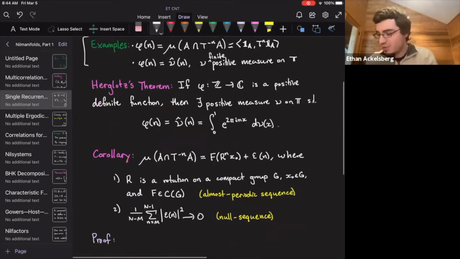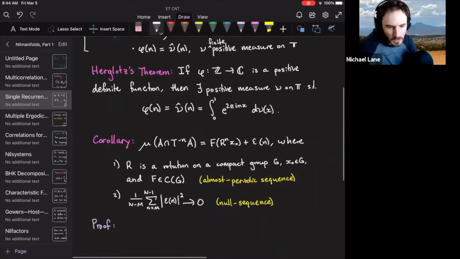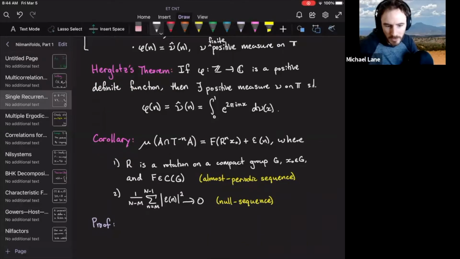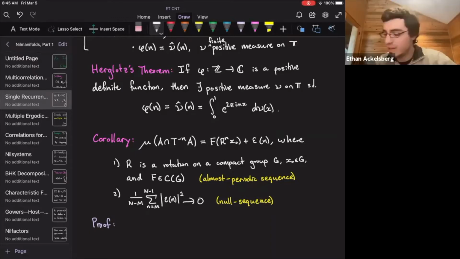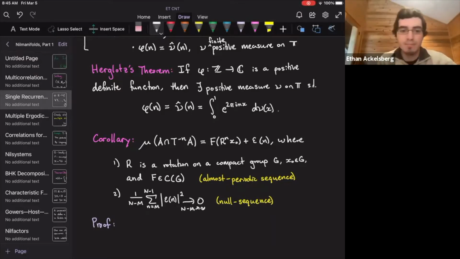Okay, and what's the proof? I'll just sketch it out. I have a question about the null sequence. Is it going to 0 along all Følner sequences or just along some Følner sequence? All. Okay. So yes, this is as n minus m goes to infinity.